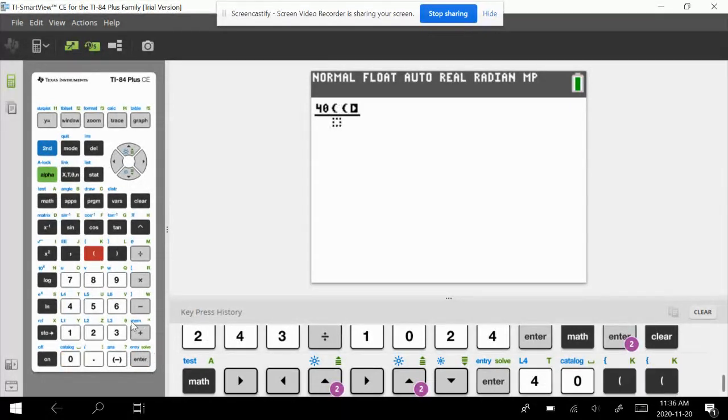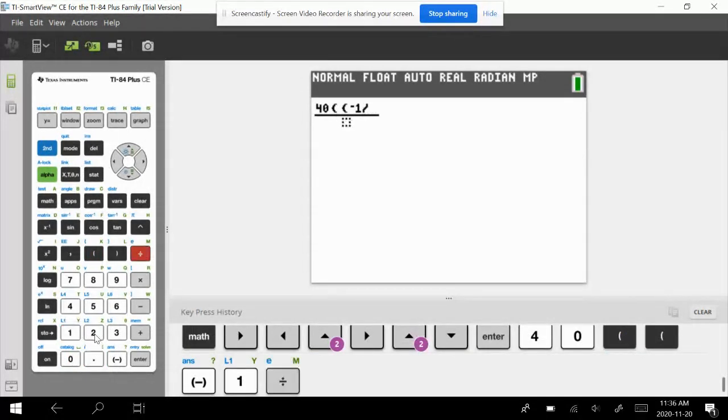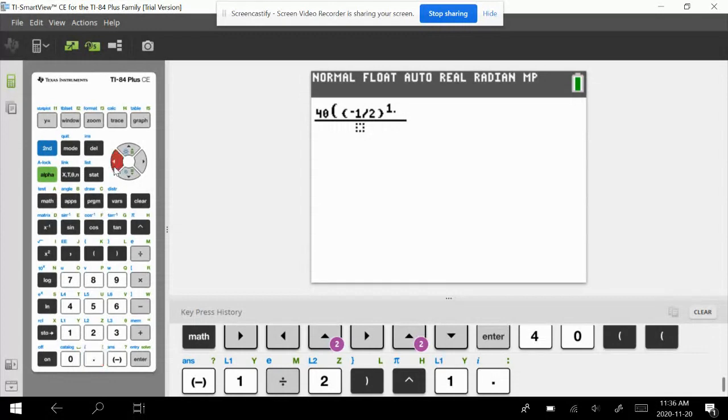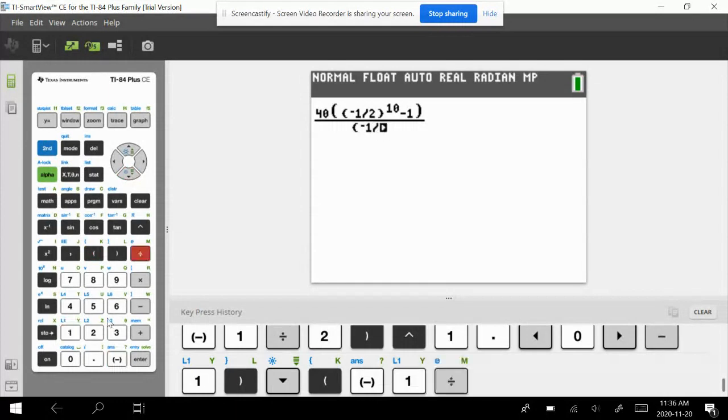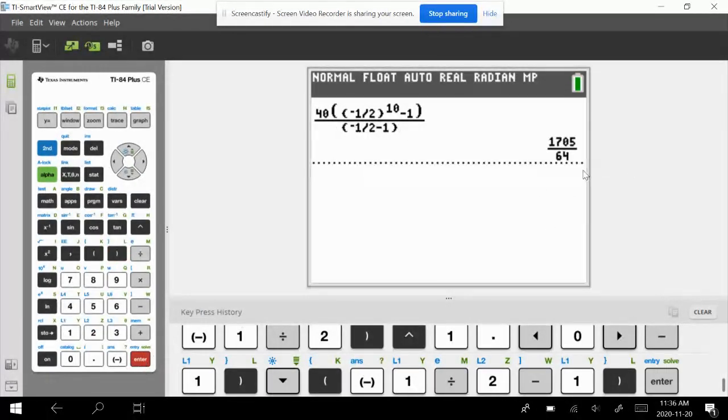I'm going to put another bracket here, so I want to put a negative 1/2 like this, exponent 10 minus 1, close the bracket, divided by negative 1/2 minus 1, like this, and gives me this answer over here, which is 1705 over 64.